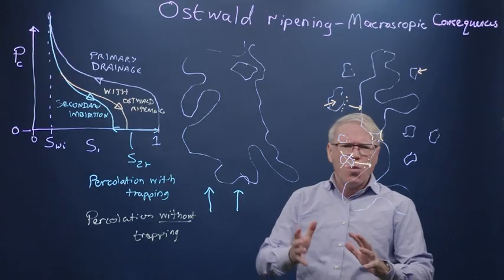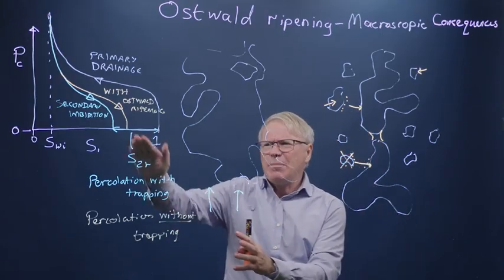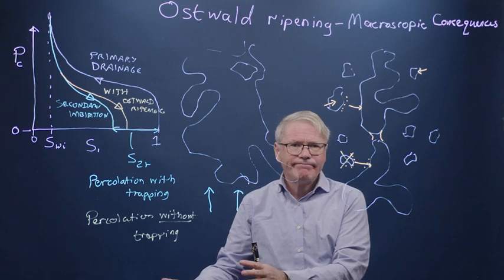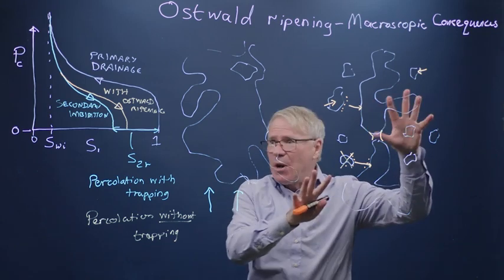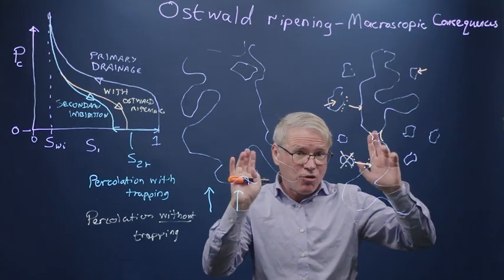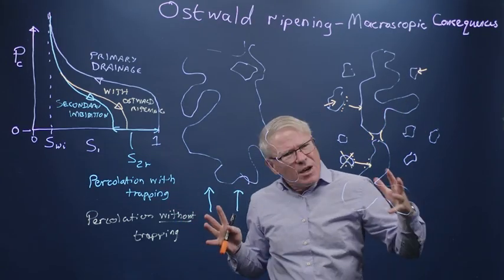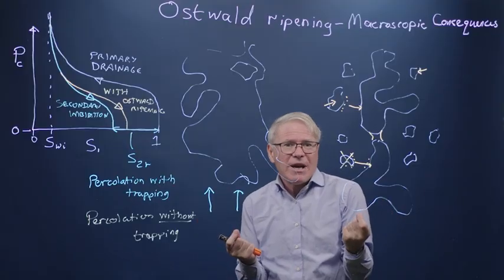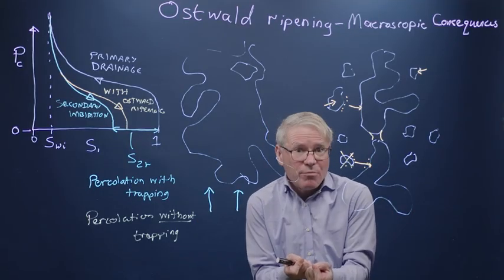You might say, whoa, just a minute, there's a problem here because you said it's without trapping, so eventually everything goes. No, there is a subtlety. Even with percolation without trapping, that is, you allow any displacement, eventually everything gets trapped. And once everything gets trapped, you can no longer impose an external capillary pressure.